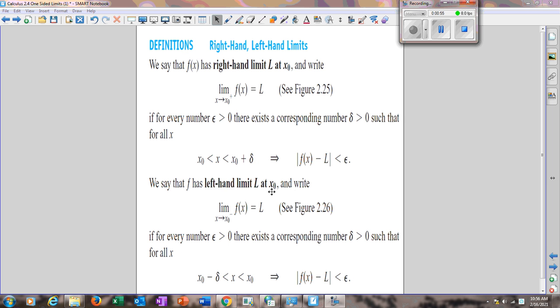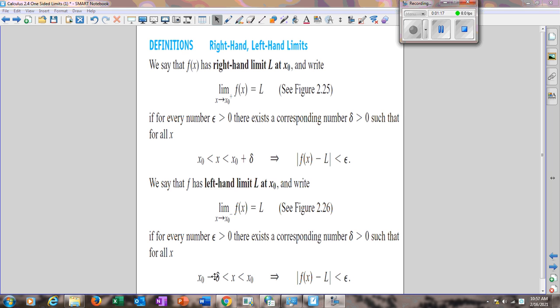If we look at the left-hand limit, that's going to be opposite. The limit as x approaches x naught from the left of f of x is equal to a limit if for every number epsilon greater than 0, there exists a corresponding number delta greater than 0, such that for all x, x naught minus delta, you notice it's minus delta this time because I'm coming from the left-hand side.